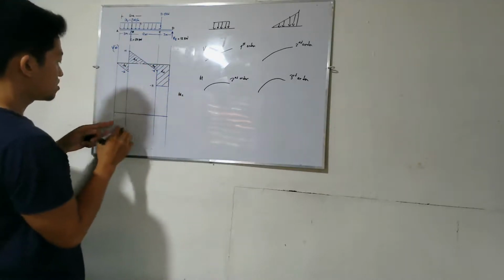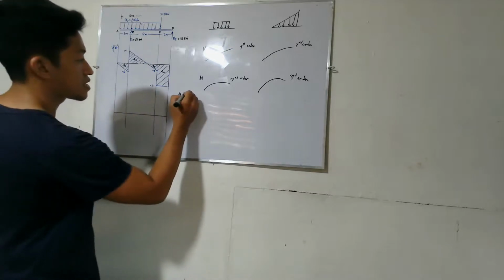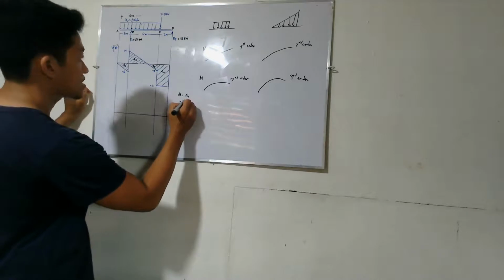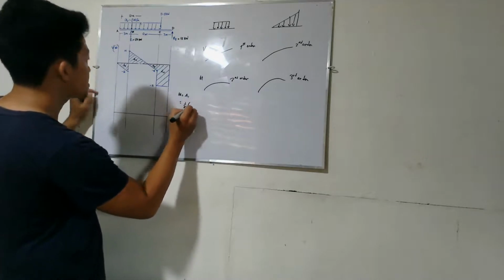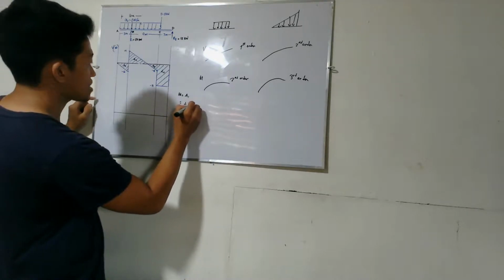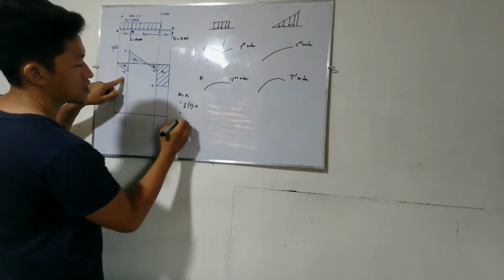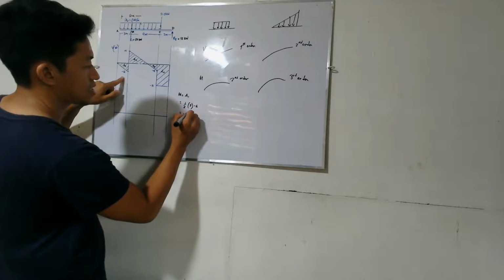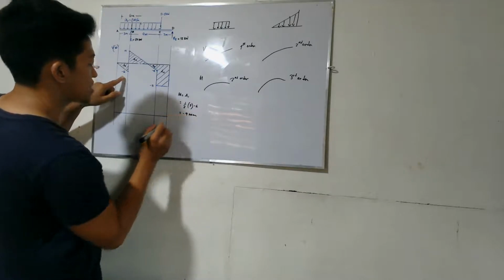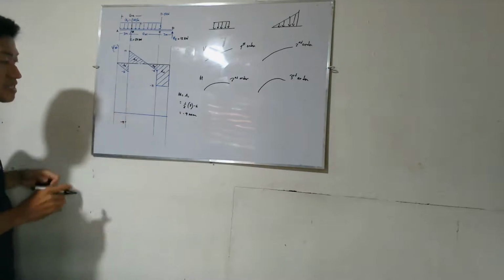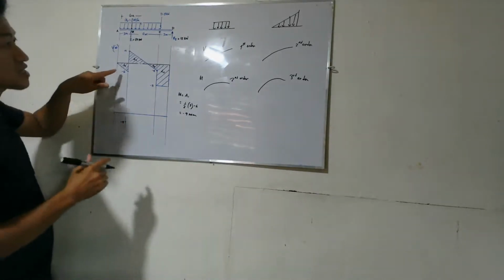So ang moment nimo diri is just A1. So ang area ani, triangle mo na so 1/2 base times height negative 6. So negative 9 kilonewton meter. Negative 9. So diri negative 9.